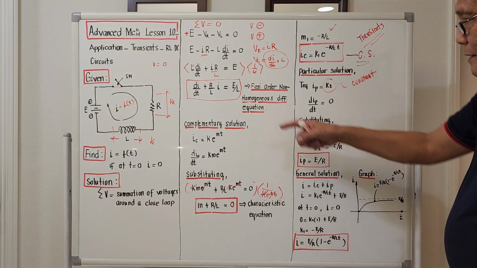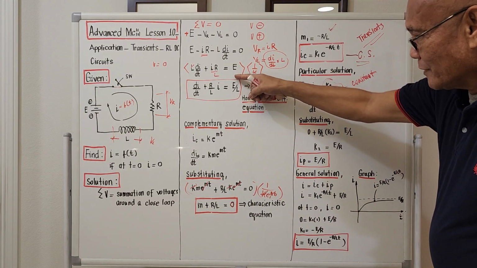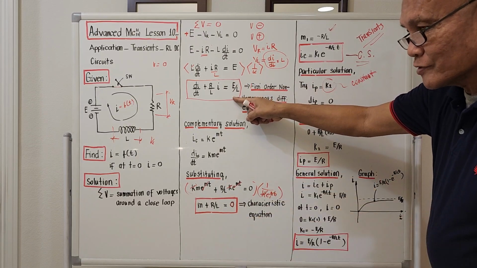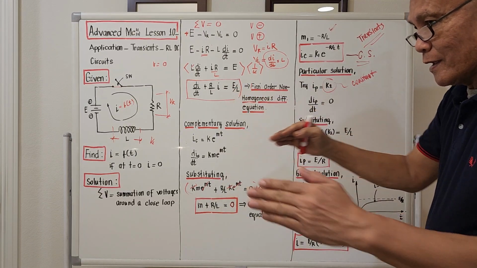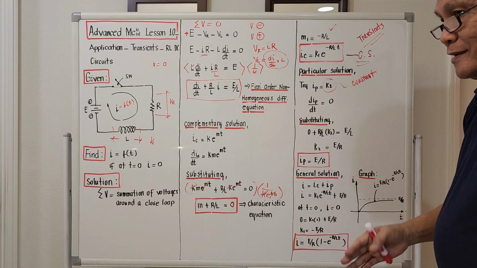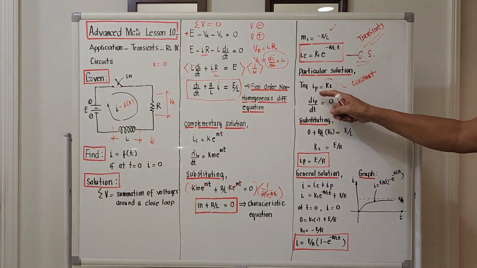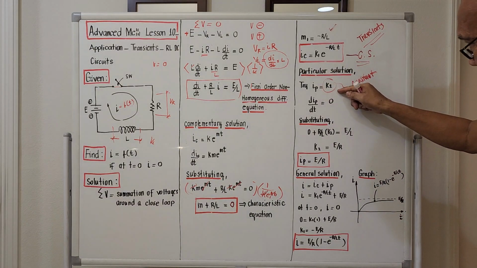E is constant, the inductance of the coil is constant, so a constant over a constant will still be constant. So the particular solution will still be constant.